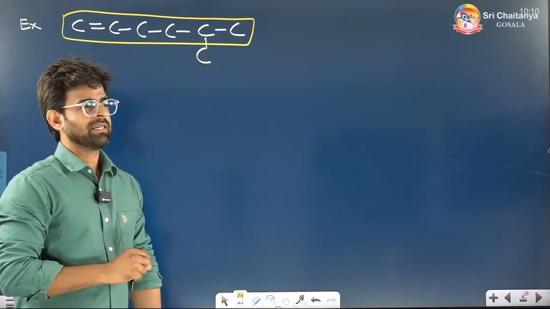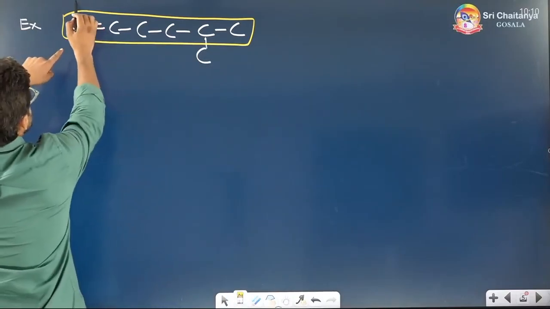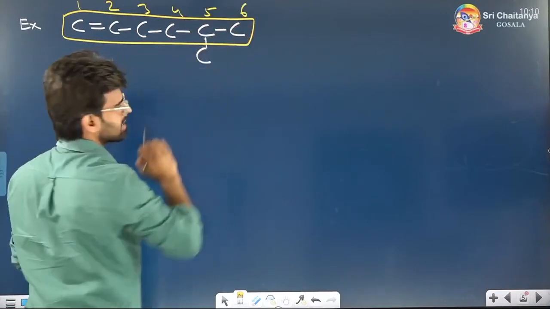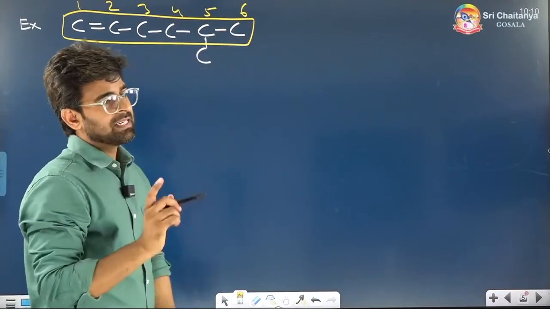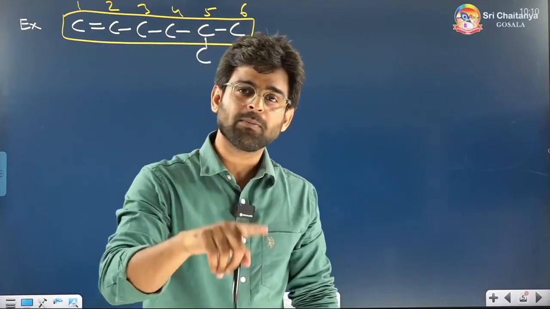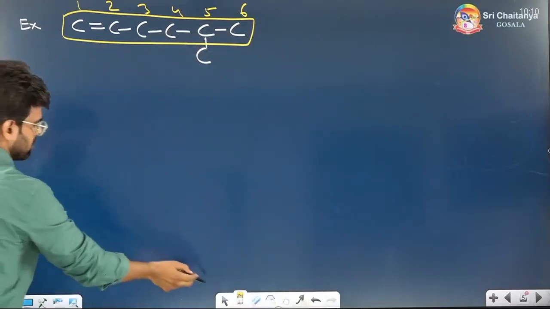Left. Very good. Why left? Because pi bond is more important. 1, 2, 3, 4, 5, 6. Why? Because pi bond is more important than which one? Locant rule or any substituent, right? Now, next one.